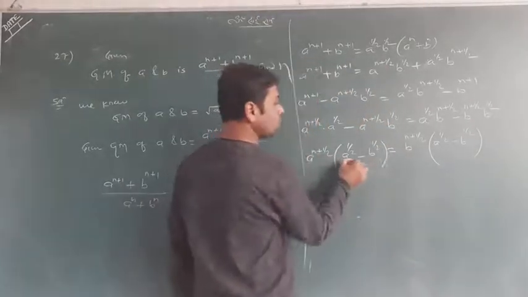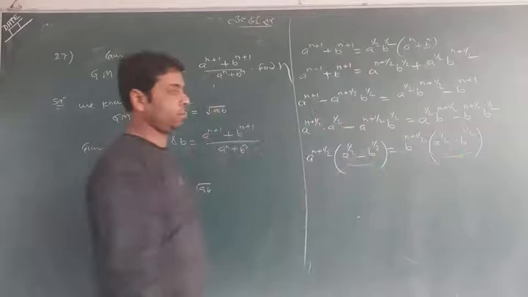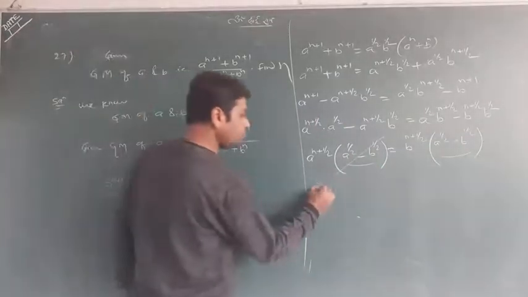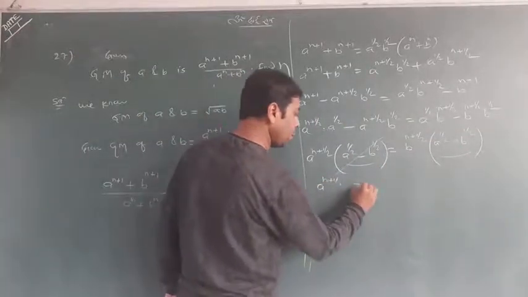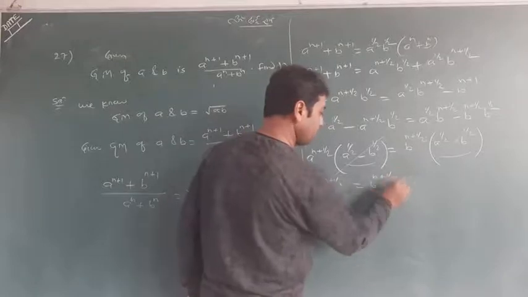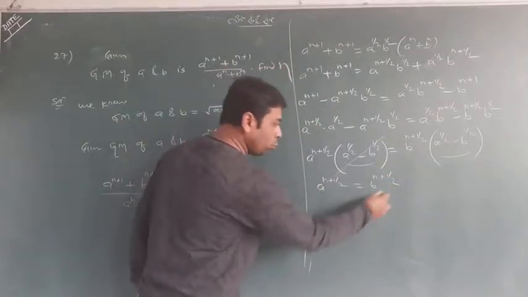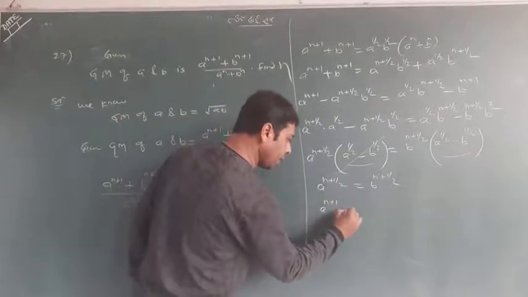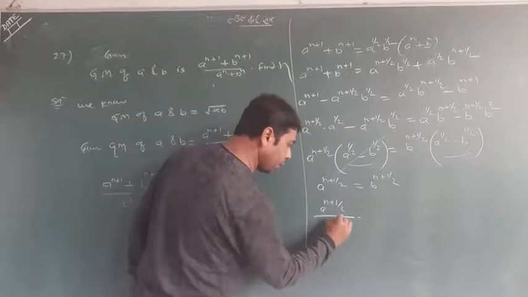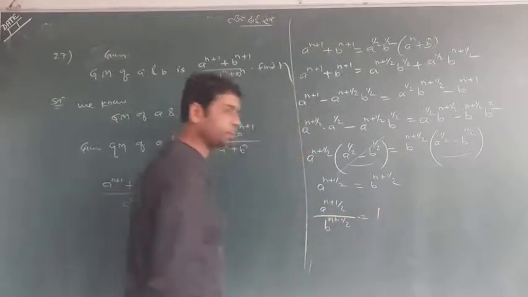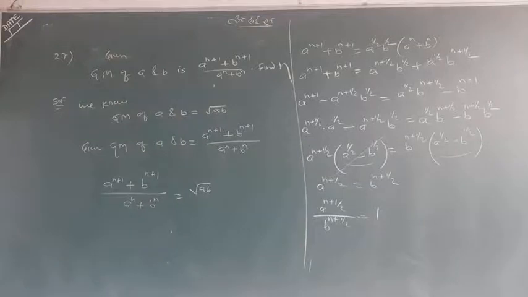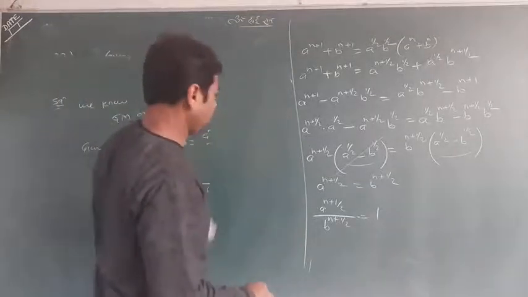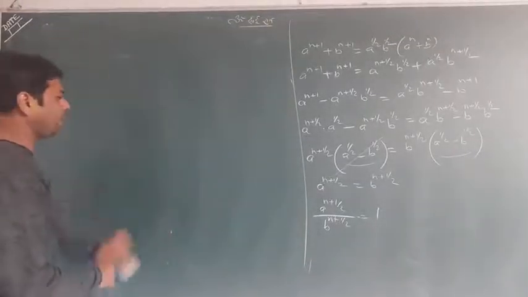Now these two terms are same, so both will cancel. So we have only a to the power n plus half equal to b to the power n plus half. Now I transfer here, a to the power n plus half upon b to the power n plus half is equal to 1. Now let me write this out. It's a simple work I'm doing.